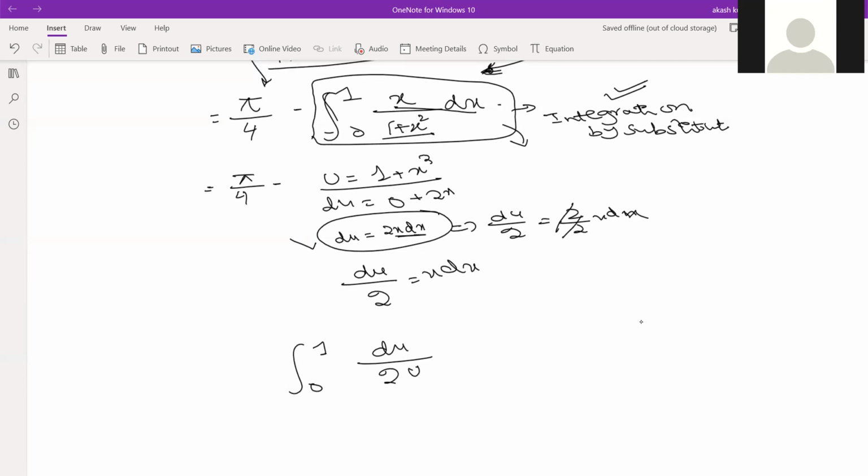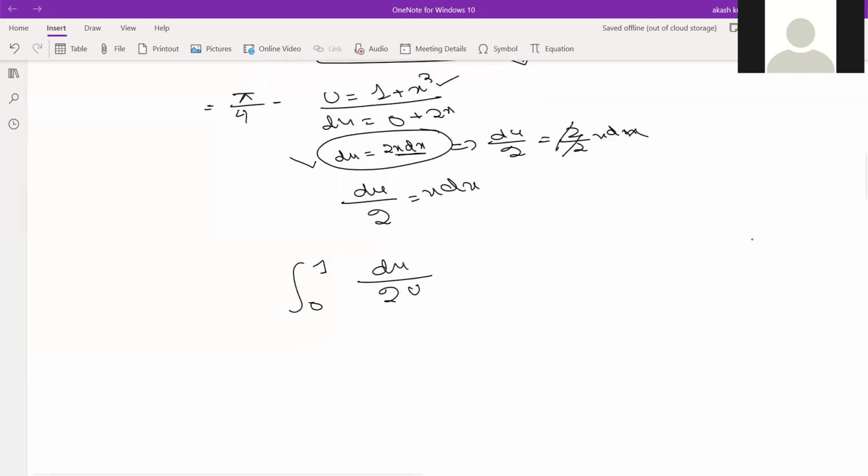And 1 plus x squared is equal to u, so I just put u instead of 1 plus x squared. So it's pi by 4 minus, can I take the constant out? 1 over 2 out, and 0 to 1 of du over u is left inside.